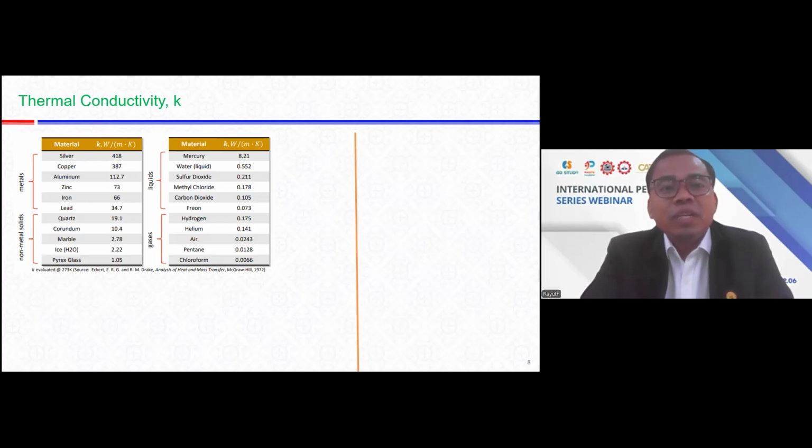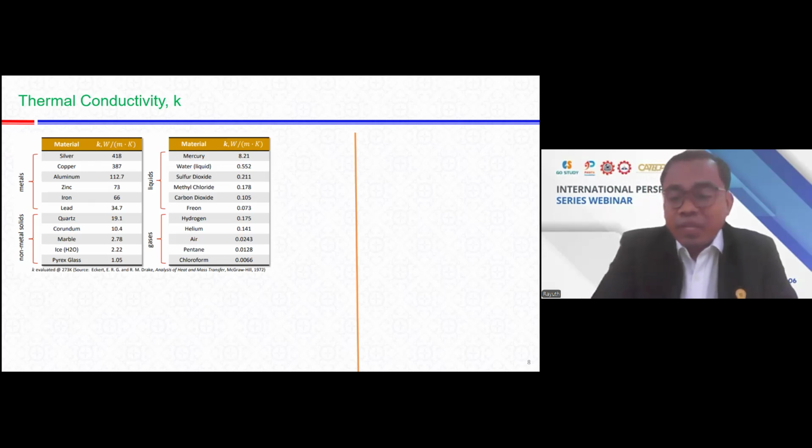Silver's property is 418 watts per meter Kelvin. Also copper, aluminium, zinc, iron, lead, and non-metals like quartz, corundum, marble, ice, pyrite, glass, and liquids like mercury and water. I will not read them all.